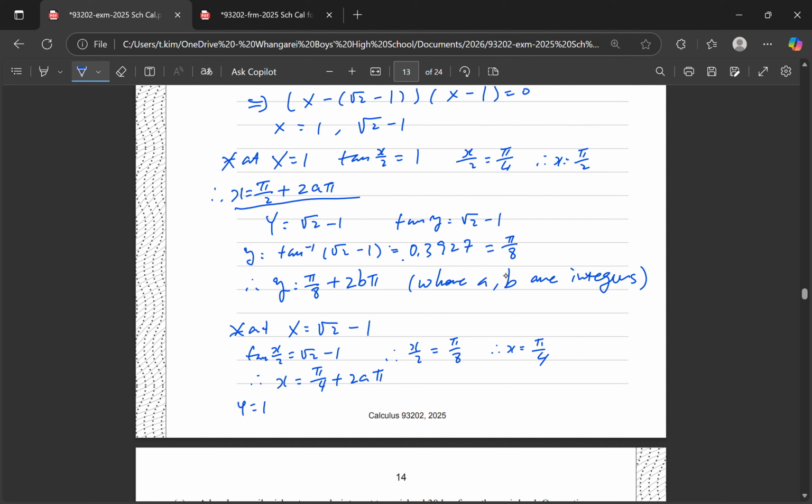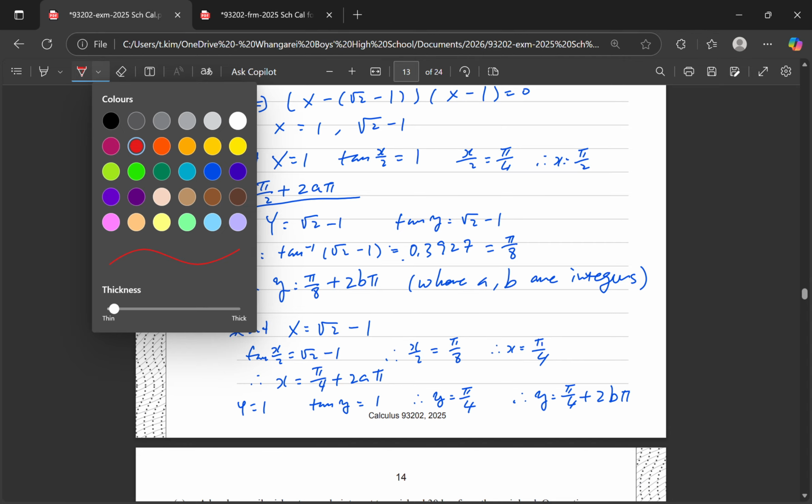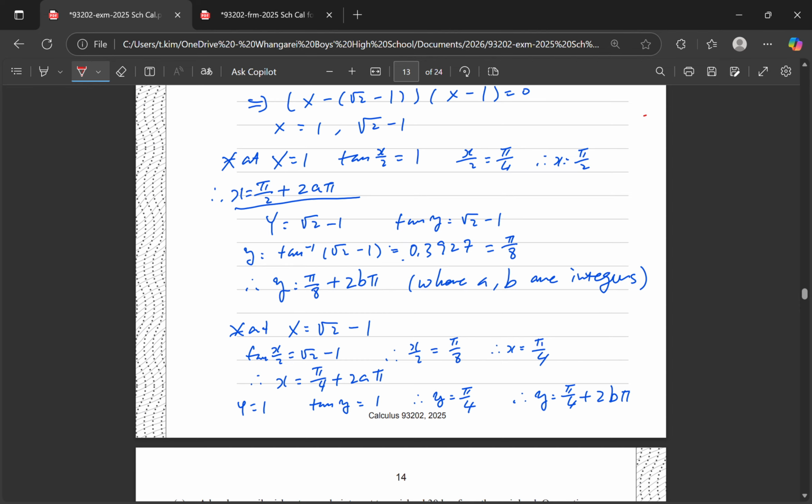Tan y is 1. Hence, y is π/4. Hence, we have to write y equals π/4 plus 2bπ. Yeah. So it's a bit complicated here. So I'm gonna underline.